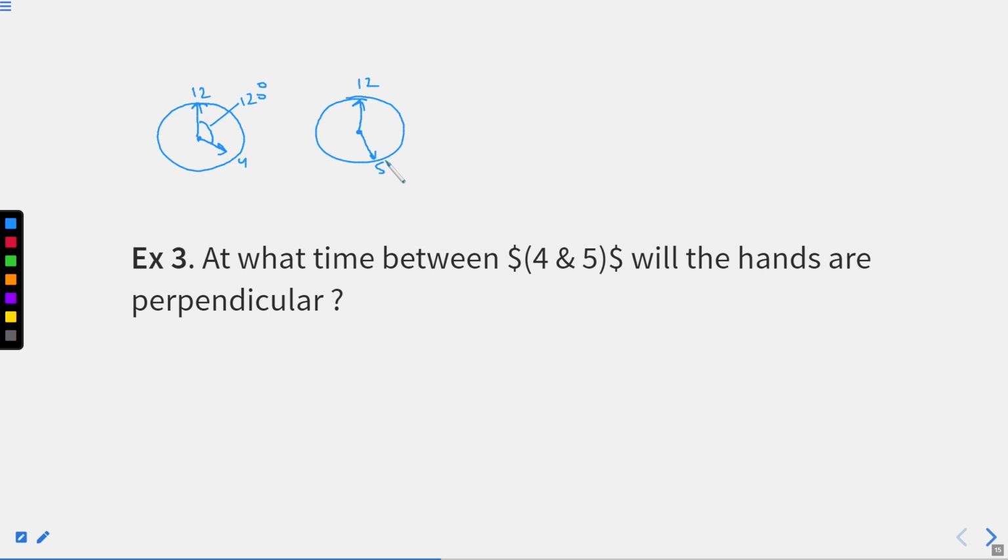Alright. So the first 90 degree will come when, out of 120, 30 will be covered. Right. So how much distance do we need to cover? It is 30 degrees. So in how much time are we able to cover this? If we divide it by 11/2, how much will it be? 30 into 2 divided by 11 comes out to be 60/11.